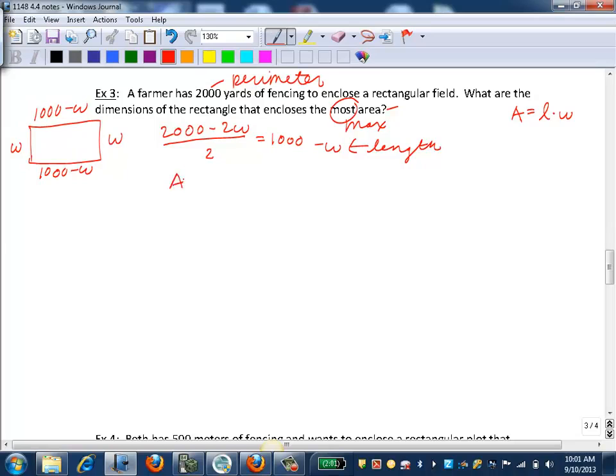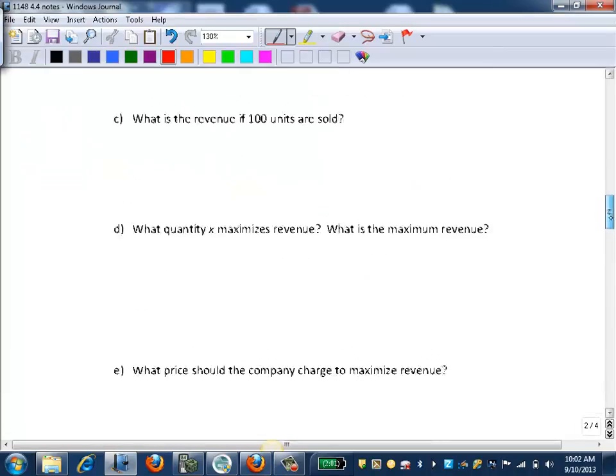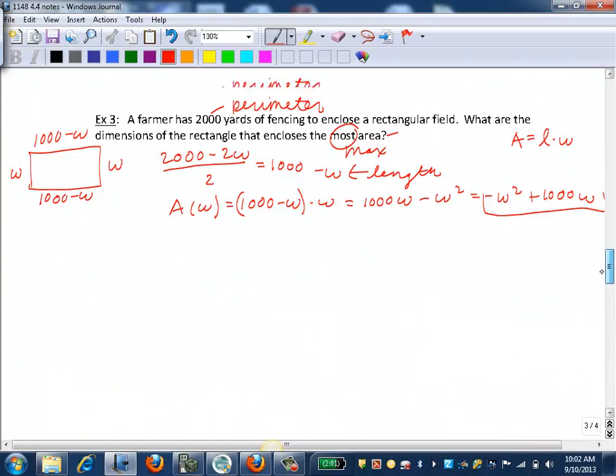So I'm going to write this A as a function of W. So I'm going to find A of W, and we can see our length is 1,000 minus W, and that's times our width, W. So we can multiply this out: 1,000W minus W squared, and if we want to rewrite it in descending order, that's not a bad idea. So this is the area function that we want to maximize.